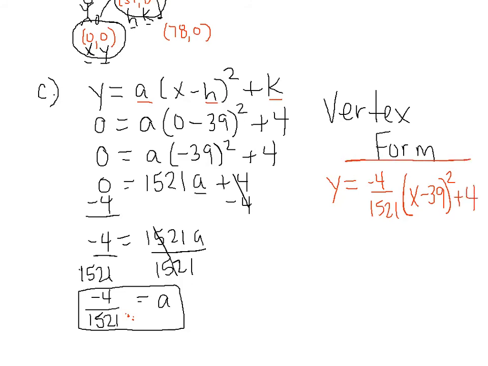So this is your equation. Okay, part D says, is the vertex a maximum or a minimum? Well, remember, we're kicking the ball. It ends up looking like this. So the vertex is up here, and that means that it is a max.